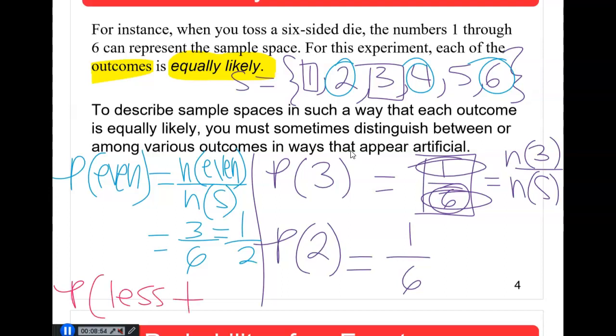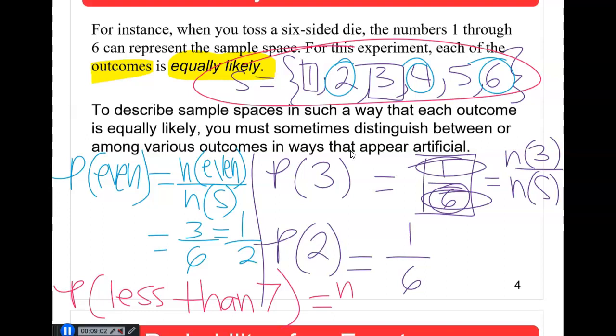If you look at the sample set here, all numbers are less than 7. So in this case, the n of that certain event, less than 7, divided by the number of elements in the sample space, or outcomes, will be 6 out of 6, which is 1. And a probability of 1 means you're certain that it will happen any time that you roll the die.